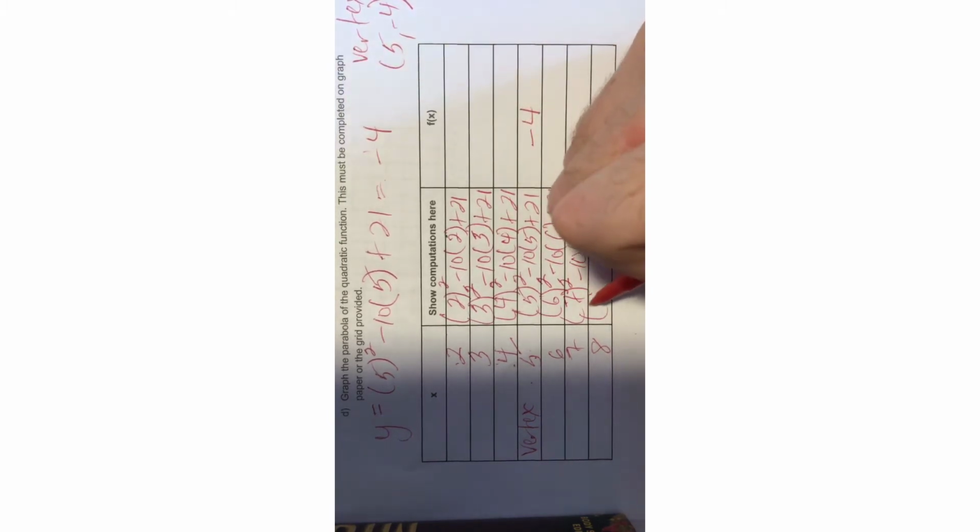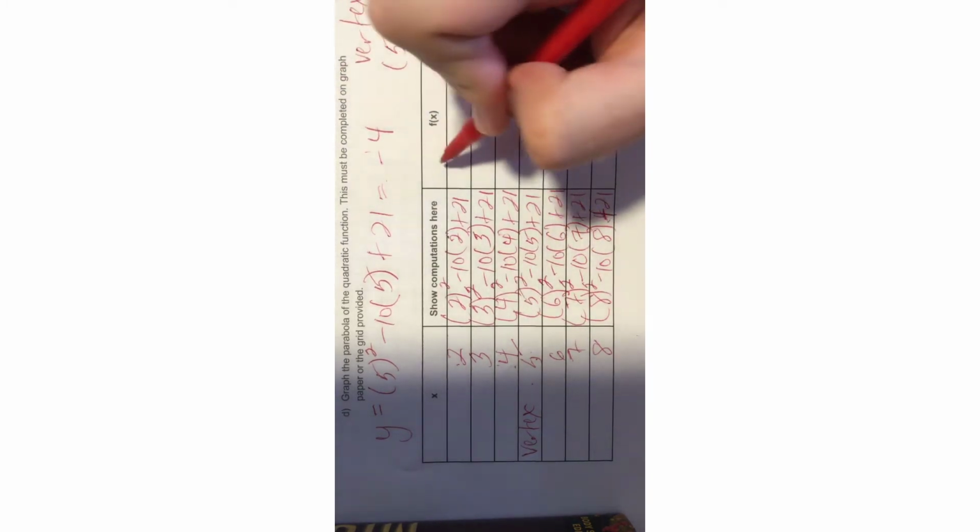Then we're going to do 6 is x, so 6 squared minus 10 times 6 plus 21. Then we're going to take x is 7, 7 squared minus 10 times 7 plus 21. And finally x is 8, so 8 squared minus 10 times 8 plus 21. And we're going to find out, using those computations, what those f of x or output values are. F of x is a fancy function notation way of saying y, or the output.